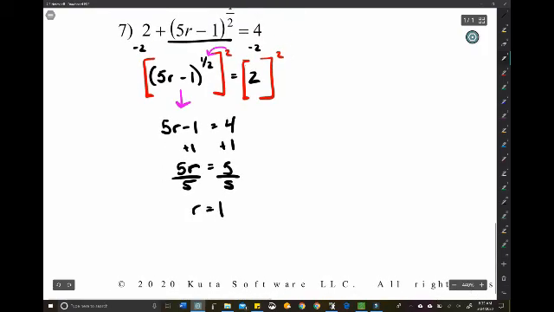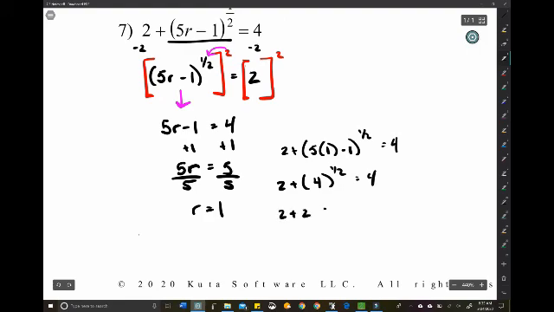Let's double check. 2 plus 5 times 1 minus 1 to the 1/2, is that equal to 4? Well, 2 plus 5 minus 1 is 4 to the 1/2. That's 2 plus 2, and 4 equals 4. Works out.